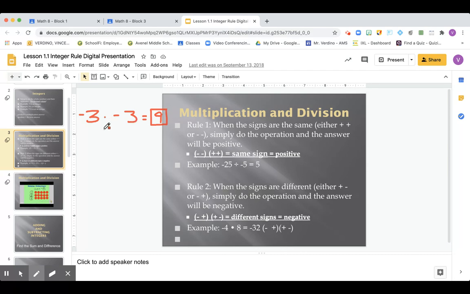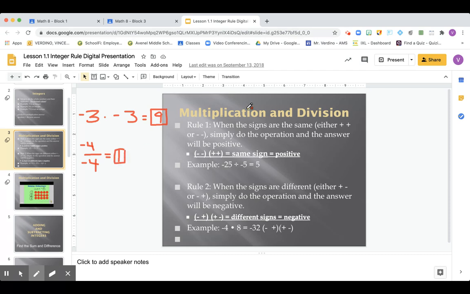Now, the inverse of multiplication is going to be division. So if you had, say, -4 divided by -4, that's going to give you a positive 1. The rule states if you have the same sign, you will have a positive number.